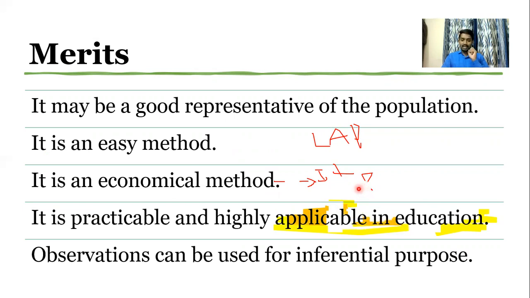So an educational institute needs accurate data to predict the future or to predict trends. So they use cluster sampling because it divides the whole population into small clusters based on characteristics or categories, and it is going to give them accurate results. So based on observations, it can be used for inferential purposes.